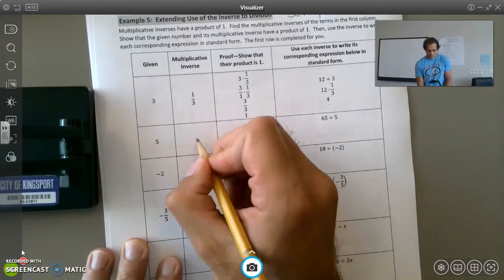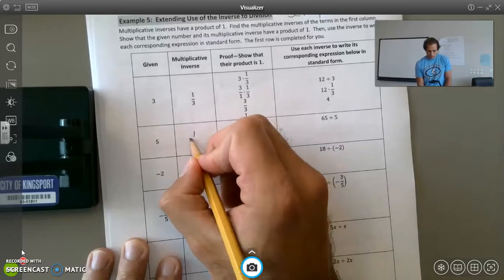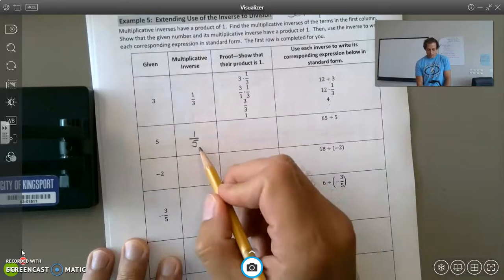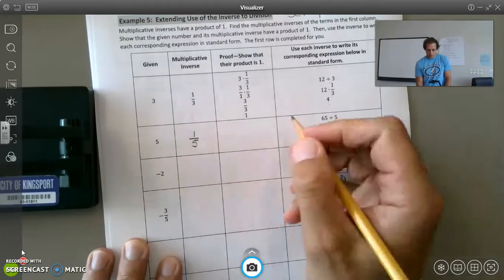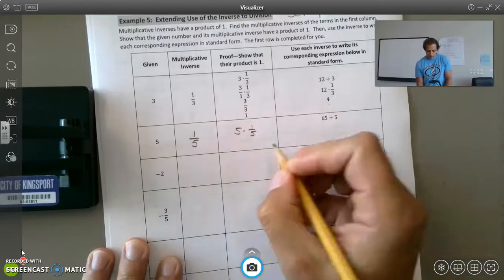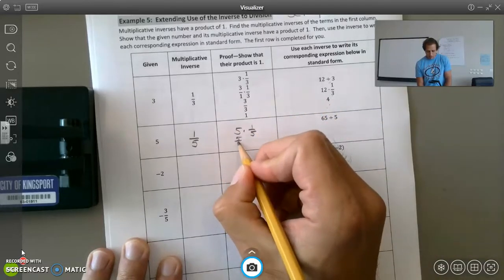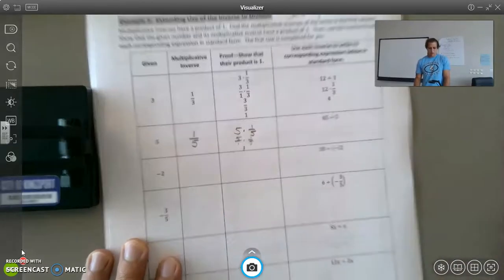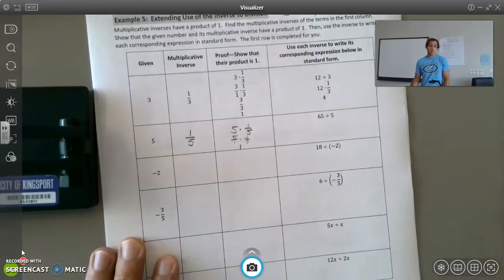The multiplicative inverse of 5 would be 1/5. So 5 divided by 1/5, or excuse me, 5 times 1/5 would be 5 over 1 times 1 over 5, and that creates 1. With additive inverses, we create 0.